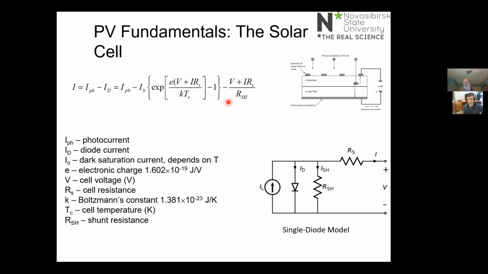And I'll show you at the end of the lecture, if we use SAM to do PV system modeling, then SAM's database has the information of which this equation is the approximation to. But that gives you a little bit of an idea of how the current and the voltage that is generated by the photoelectric effect acting on the PV cell actually interact with each other.